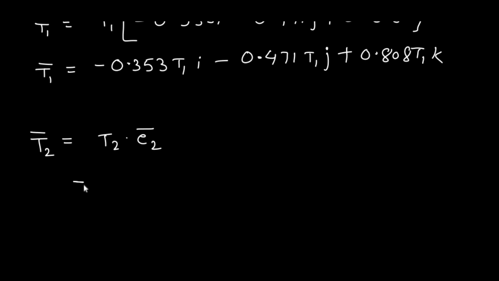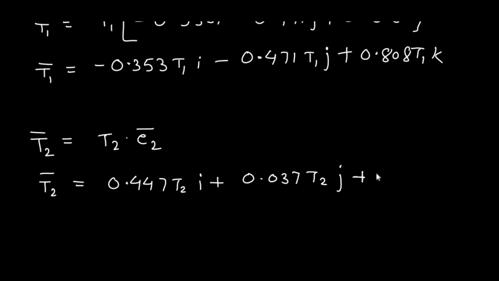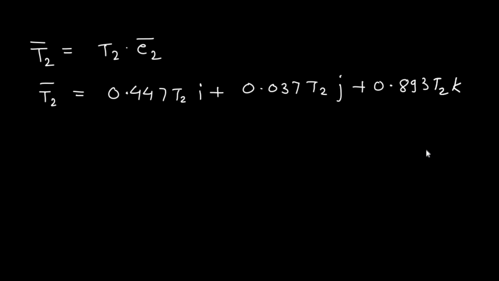So after putting the value of this E2 we are getting the T2 vector as 0.447 T2i plus 0.037 T2j plus 0.893 T2k.